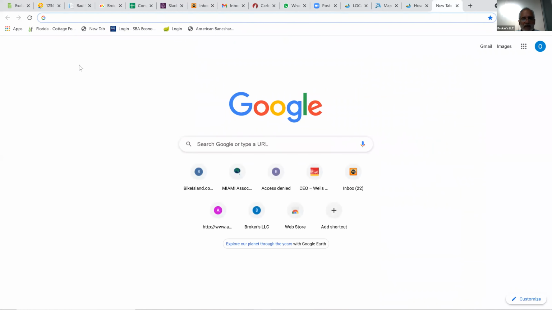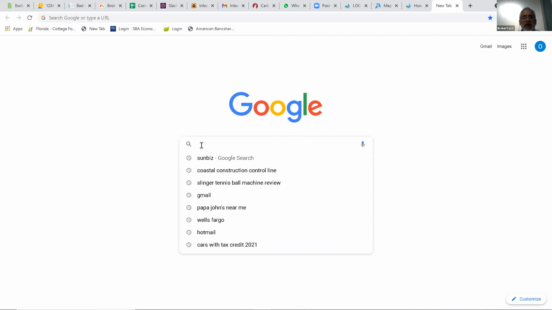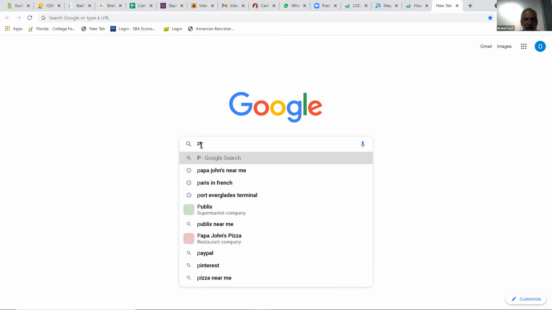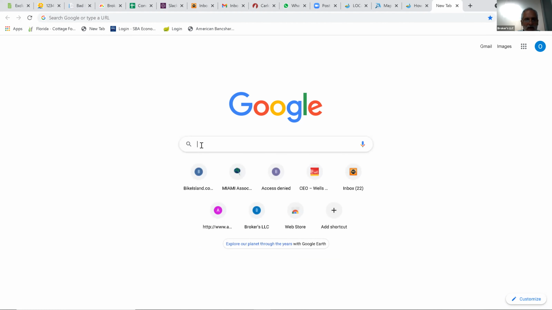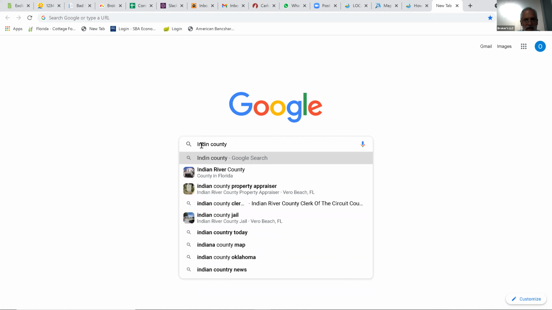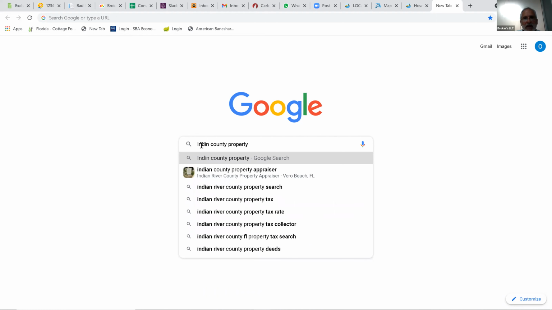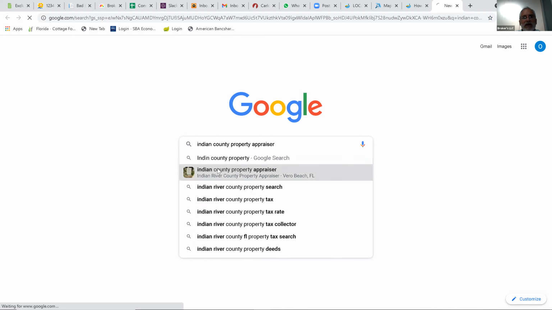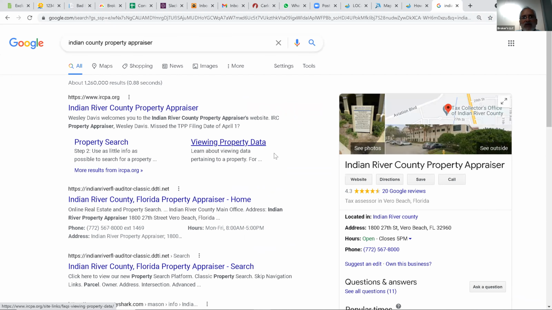Okay. Wherever the property is located, the easiest way to find the property appraiser website is to search, for example, Indian County property appraiser. This is where you get the information on any property in Indian County.